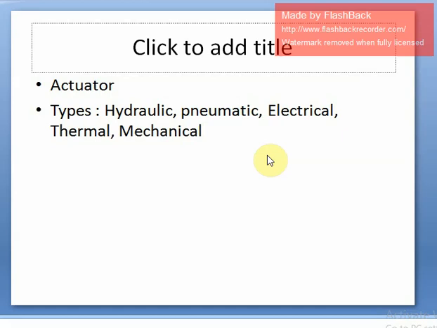Next one is the thermal or magnetic actuators. It is actuated by applying thermal or magnetic energy. It tends to be compact, lightweight, economical with a high power density.